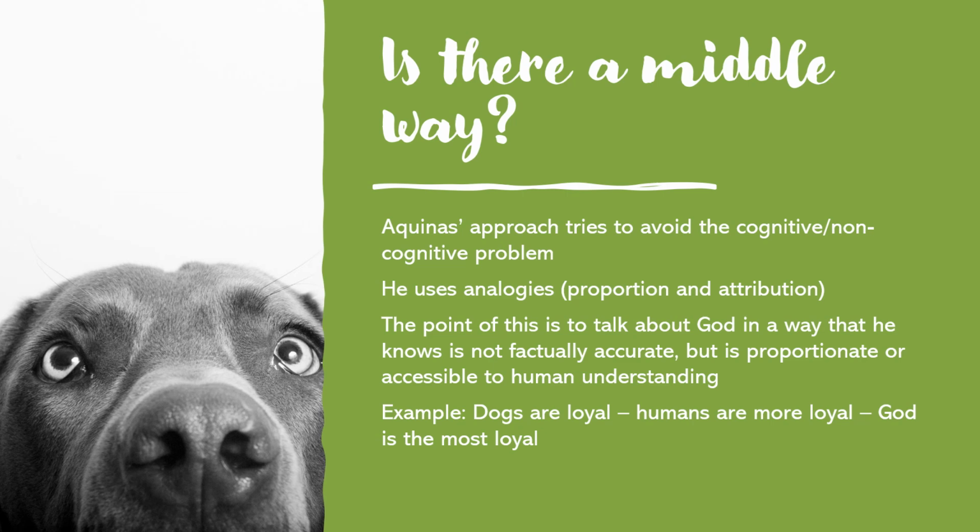From that, we can compare it to the loyalty of a human and say, well, yeah, dogs are loyal, but humans are capable of loyalty on a greater level. And then we can project up to God and say the loyalty that God has must be far, far greater than humans because God is greater than us, just like we are greater than dogs.